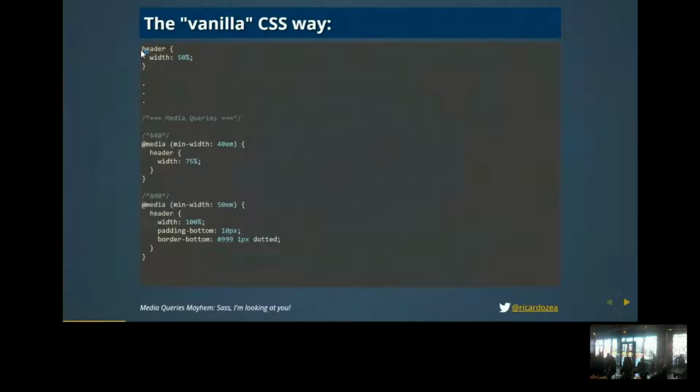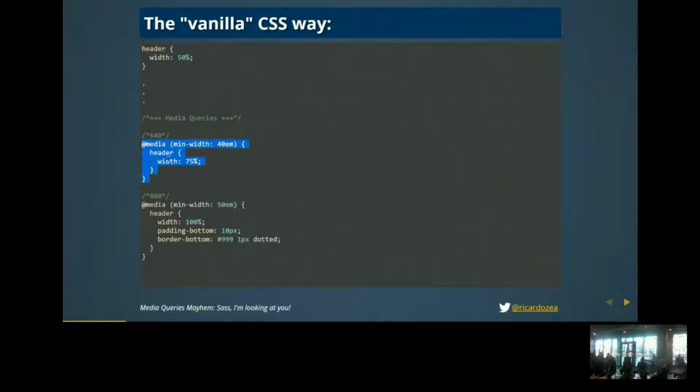The vanilla CSS way is very simple, pretty straightforward. We have a header with specific properties, and then down in our CSS we have our media query blocks, and we have min-width or max-width, either mobile first or desktop first. It doesn't even matter which approach you use.